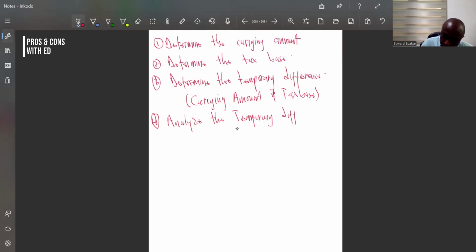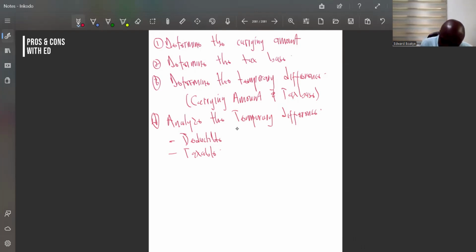In analyzing this temporary difference, it can be a deductible temporary difference or a taxable temporary difference.